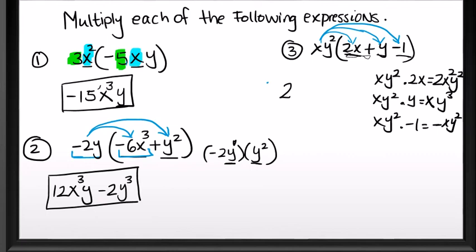Okay, so we will just put everything together. Our final answer should look this way. 2x squared y squared plus xy to the power 3 minus xy squared. That's our answer.